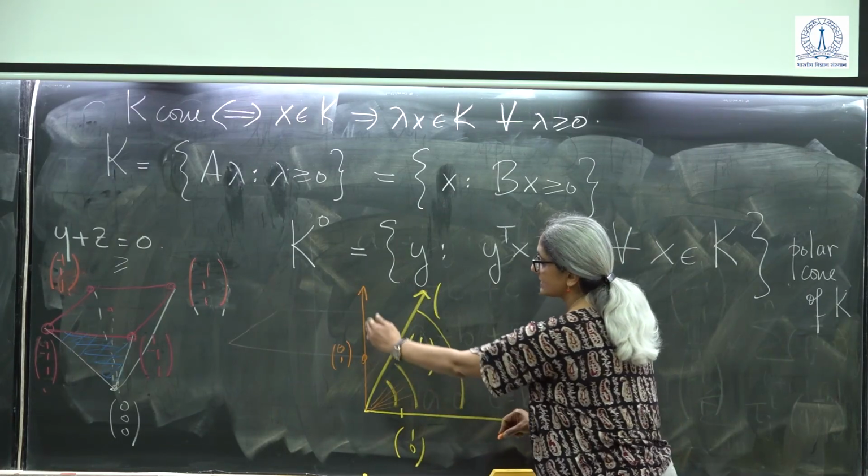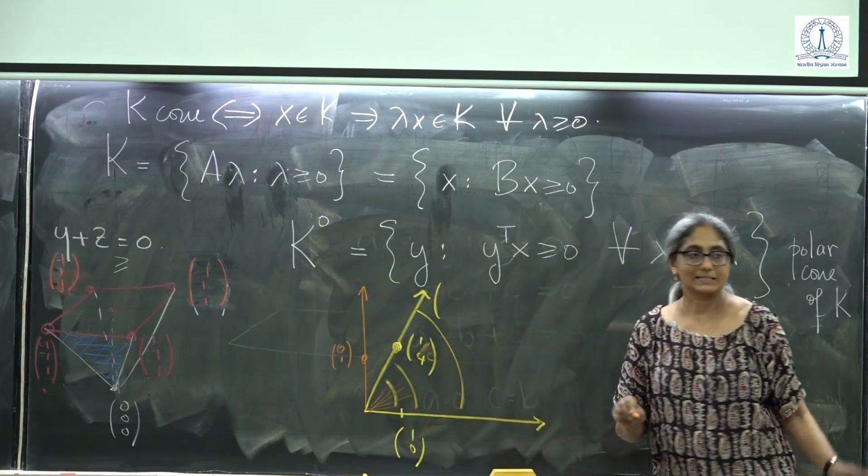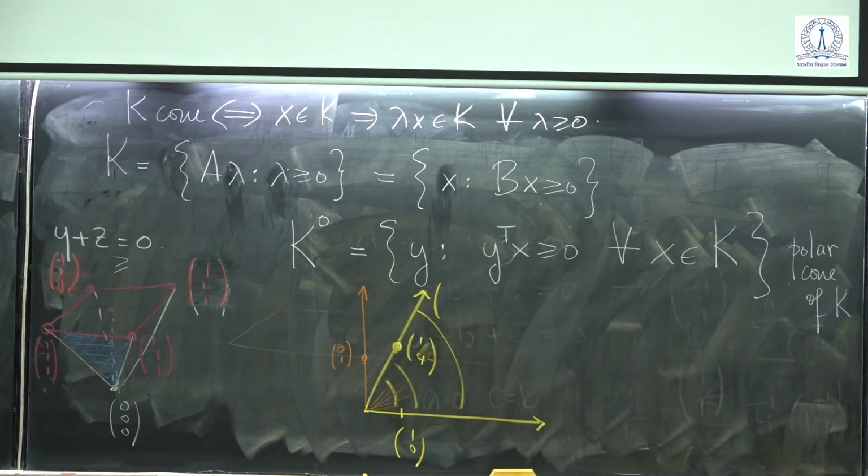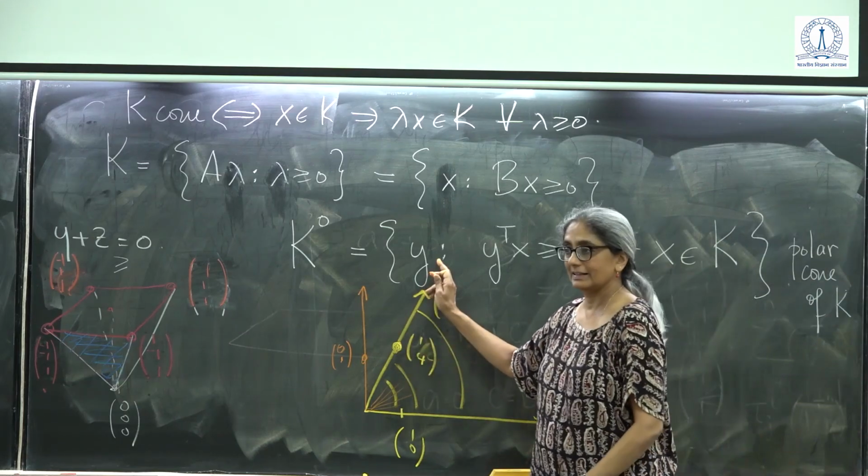So if the orange is making non-negative inner product with everything yellow, do you agree? If you start with the other extreme ray, how far can you go? I still want to make only non-negative inner products. Exactly, acute angle with the slanted yellow line.